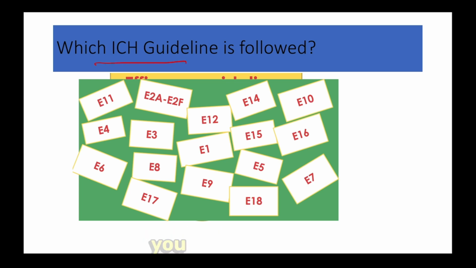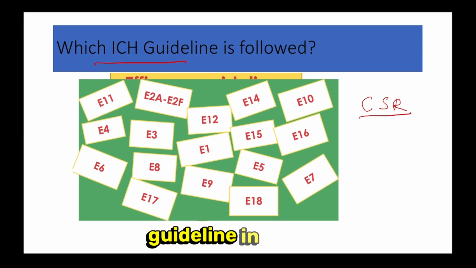This is an interview question: which guideline is followed for narrative writing? You have to remember the basic that narratives are added in the CSR. So, which guideline is followed to write a CSR? E3. So, for narrative writing also E3 guidelines are followed.